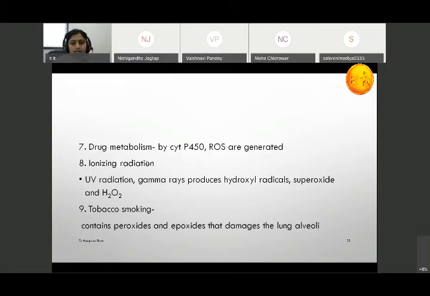Eighth is ionizing radiation. UV radiation and gamma rays produce hydroxyl radical, superoxide and hydrogen peroxide. Tobacco smoking contains peroxides and epoxides that damage the lung alveoli and cause tissue injury.